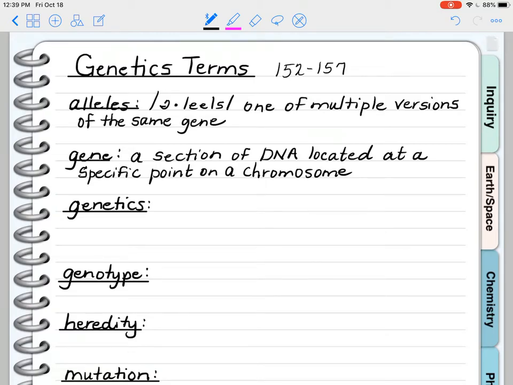And genetics is the study of how all that works.